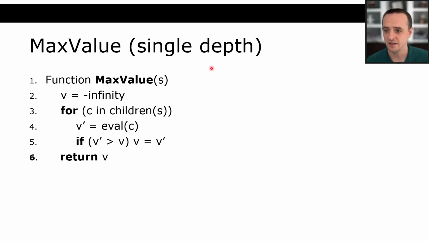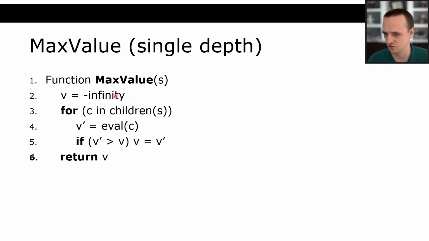Here is a single depth maximizing function. So we have a MaxValue function which takes in a state. We have this value, I'm going to just call it v for value. It's going to be set to -infinity because we're trying to find the maximum of something. So for each child in the children of S, that just means, for each action we would create the new child.